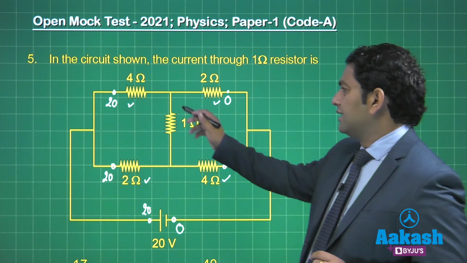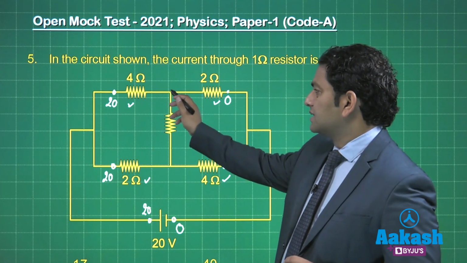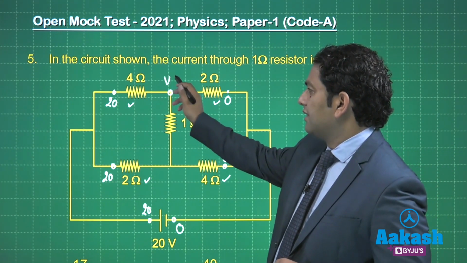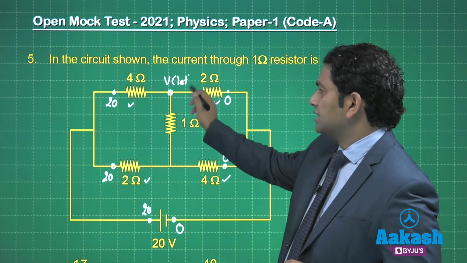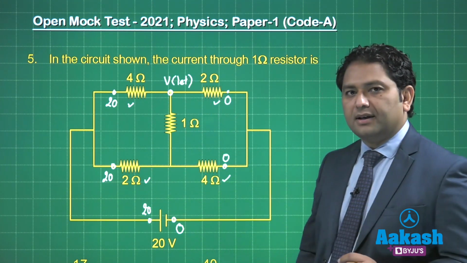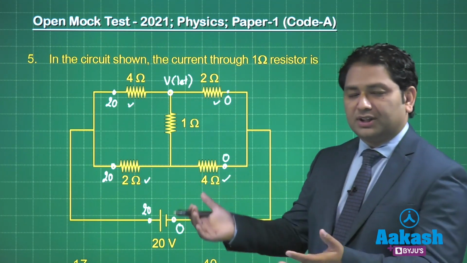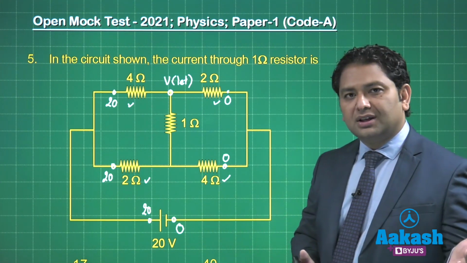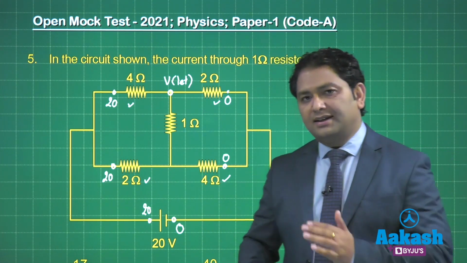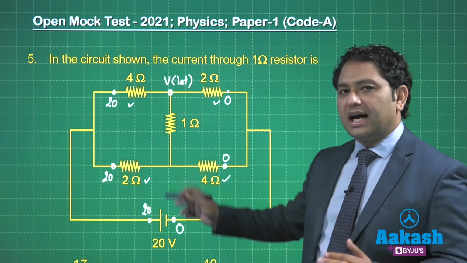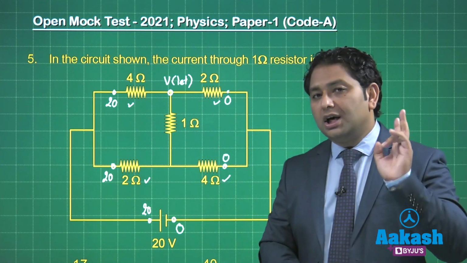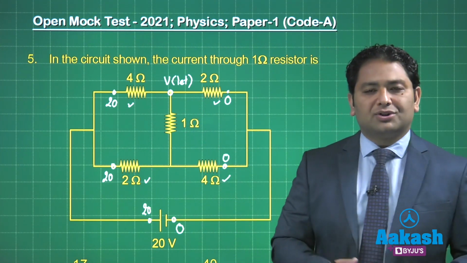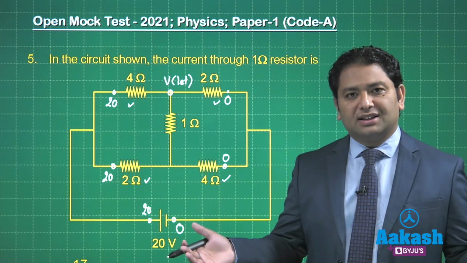Now after that, I don't know the potential of this point, but let me say that the potential of this junction is V. Now here, one option is you write it as V dash, but just think, if you write it as V dash, you would have altogether 2 unknowns, and for 2 unknowns you will be requiring 2 equations.